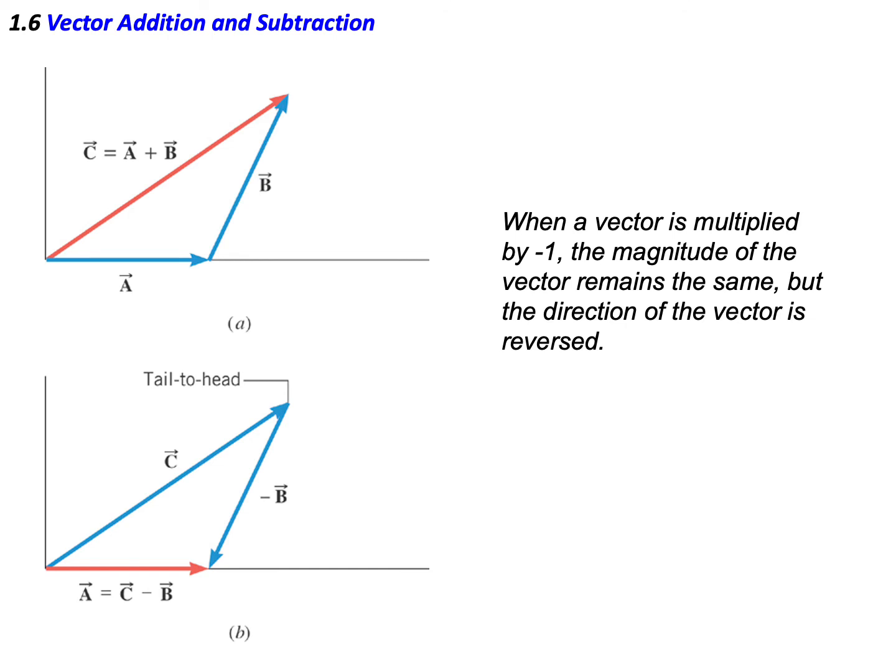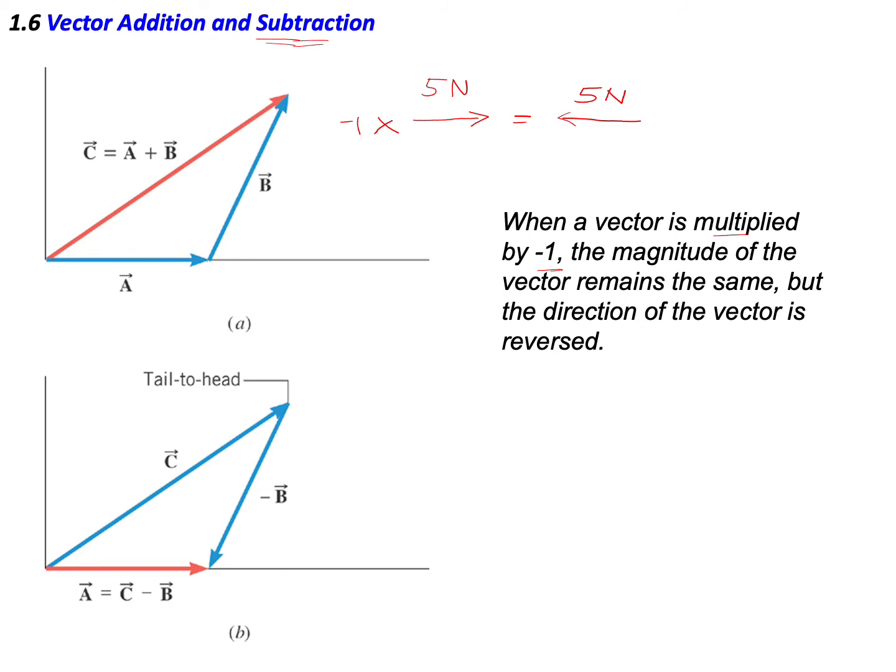Okay, so vector addition and subtraction. For the subtraction part, what we do is multiply a vector by -1. So if I have a vector, let's say 5 Newtons to the right, and I multiply this vector by -1, you get a vector whose magnitude is still the same, but the direction is reversed, 5 Newton. So in this example, you add two vectors, A tail to head, and then B tail to head.